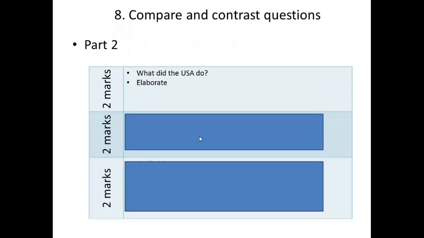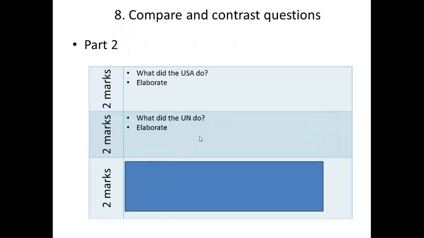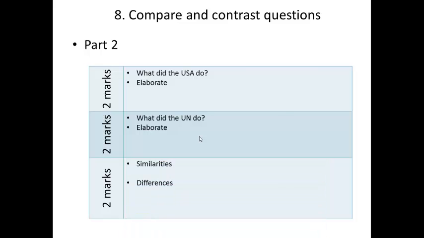The next one is broken up a little bit differently. What did the US do? What did the UN do? Similarities, differences. This might look simpler to you. You want to go with that, that's fine too, so long as you're clear that you're comparing 2 responses. Now, last year when we were assessing, they didn't go into detail about how much actual comparing needed to be done. All they said was that you needed to cover 2 different responses.